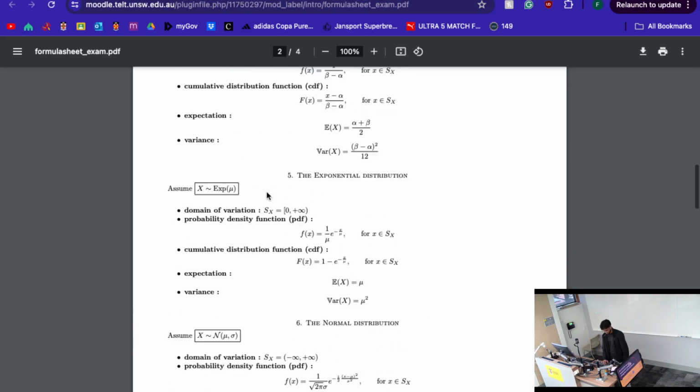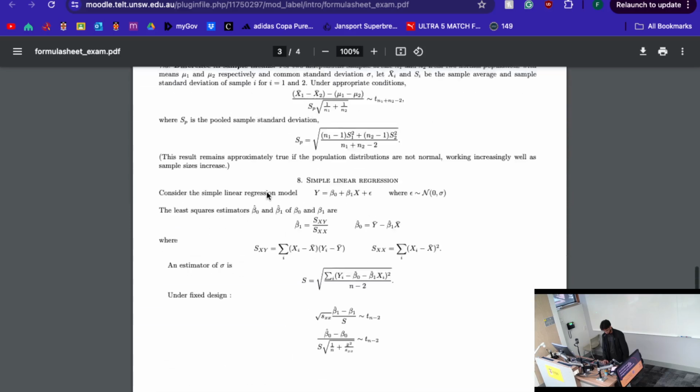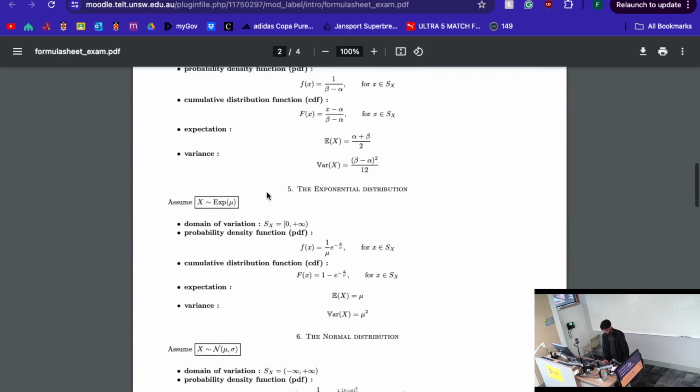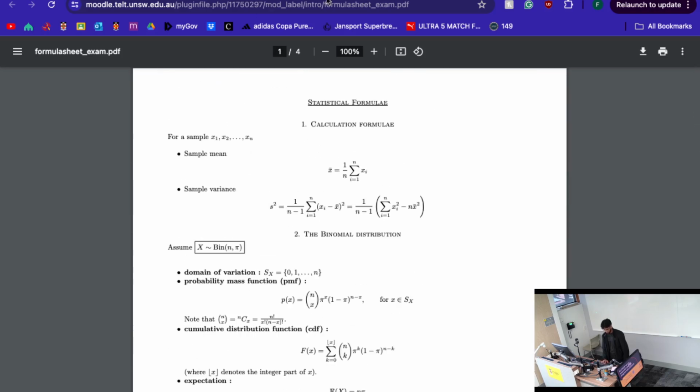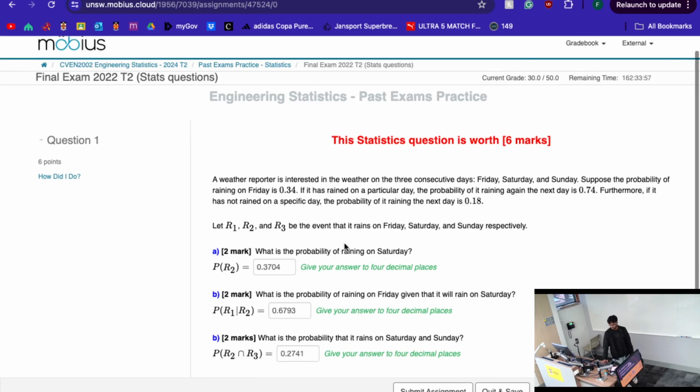No, it's not. Yeah, it's a bit messed up. I think it's because it's part of the revision section, so it's like assumed knowledge.